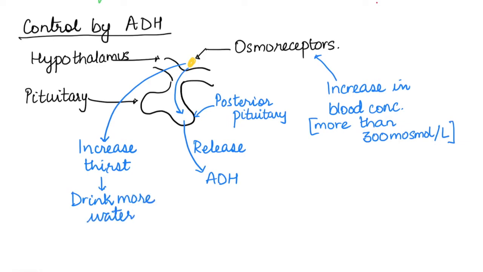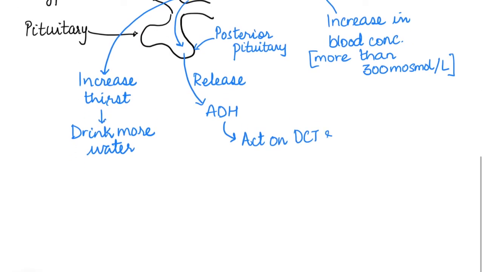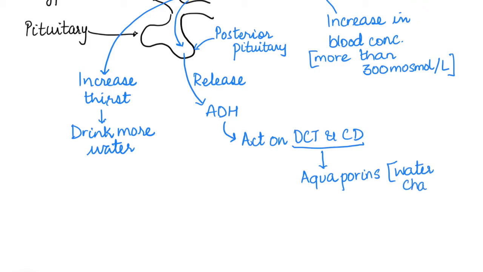The ADH released from the posterior pituitary acts on the distal convoluted tubule and the collecting ducts. There are water channels or aquaporins present on the DCT and the collecting ducts. These aquaporins open on the action of ADH, or antidiuretic hormone.